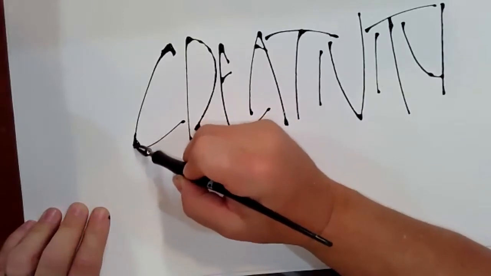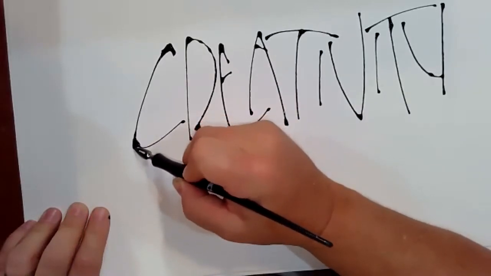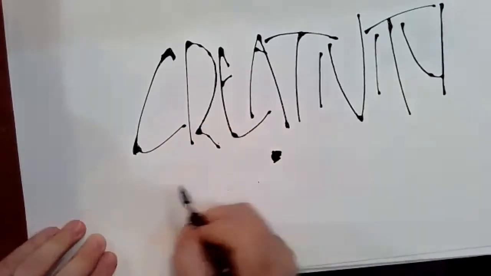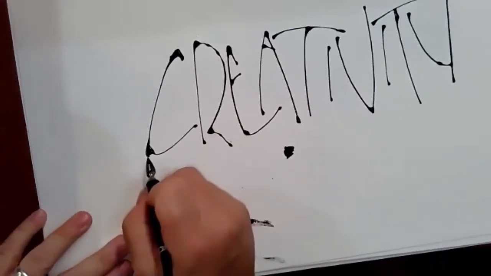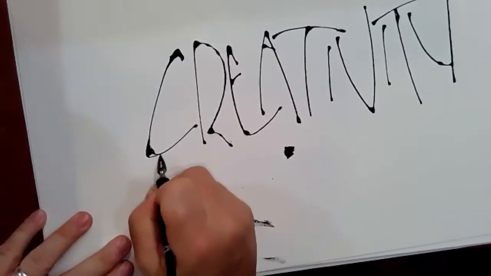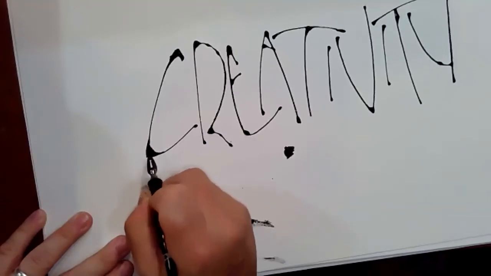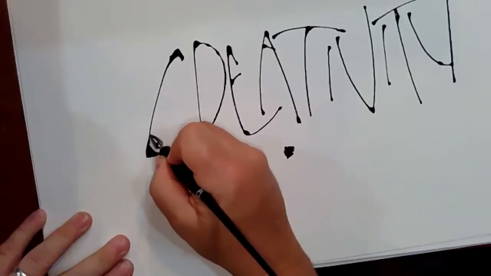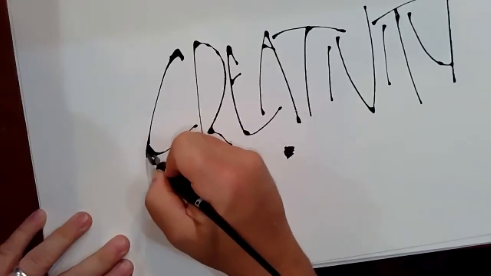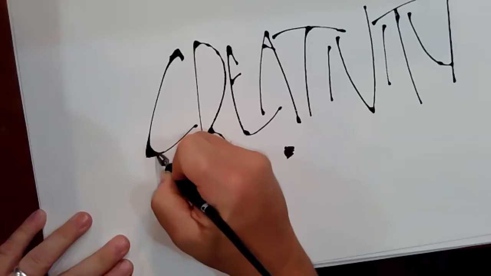I'm going to soften my inner curve. I'm going to soften my outer angles just a little bit, since this is kind of a blobby hand or look to it.